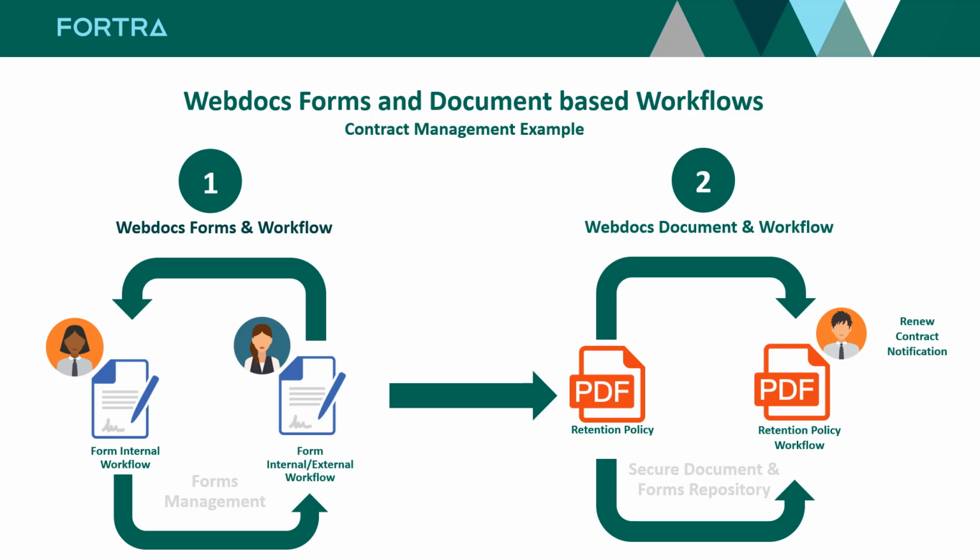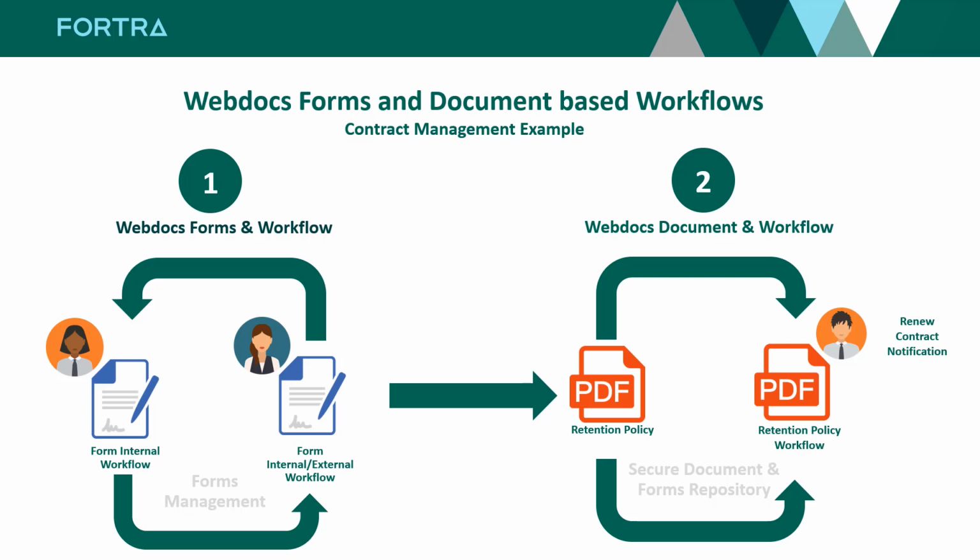That process could be to fill out a certain section, to fill out certain information a certain way, and then after that form is completed and goes through the full approval process, it might go into a secondary workflow into the repository, where it's a finished document, and it might even have some retention policy on it.